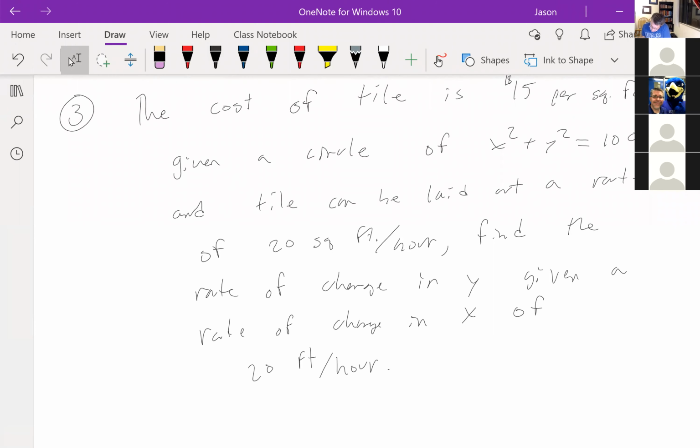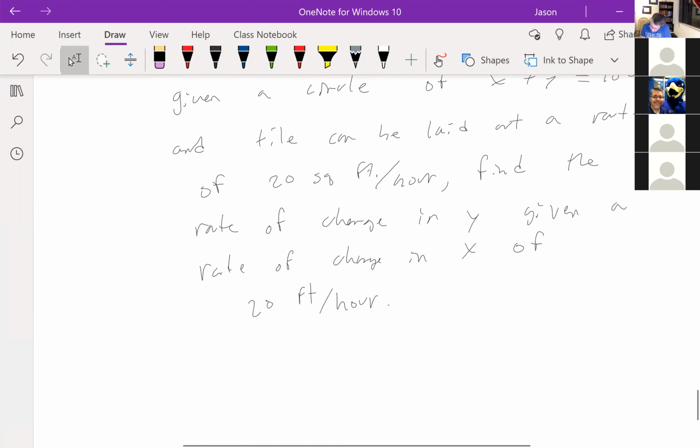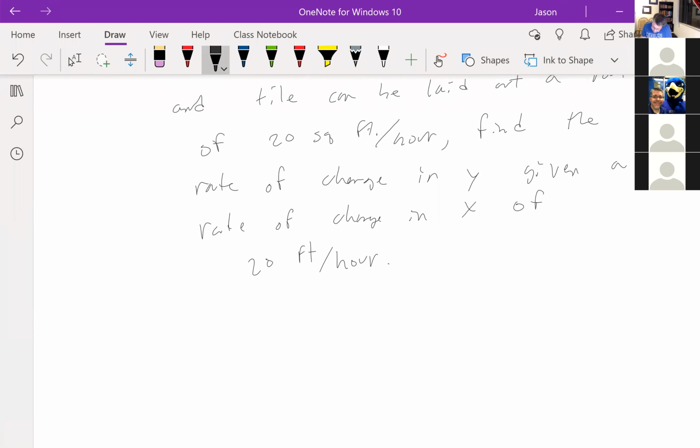Yeah, so let's see what we can do here. We're going to have to take x squared plus y squared equals 100. And we're going to have to implicitly differentiate this, not on x, on y, I'm sorry, on t, per hour.